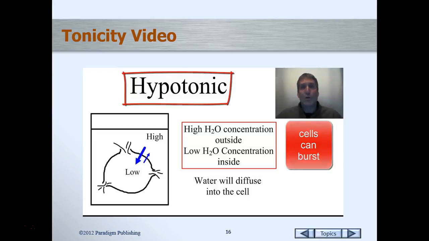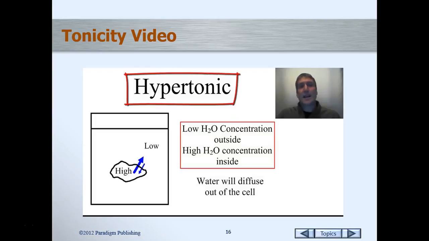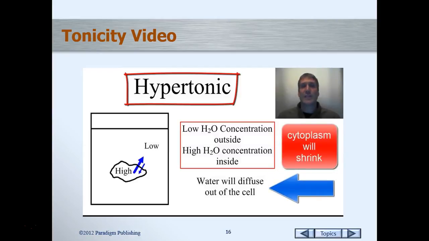So it's hypotonic. The last type of environment is a hypertonic solution. Hypertonic. I'm getting smaller. Hypertonic, because there's a low concentration of water outside and a high concentration of water inside. This means that water will diffuse out of the cell, causing the cytoplasm to shrink.